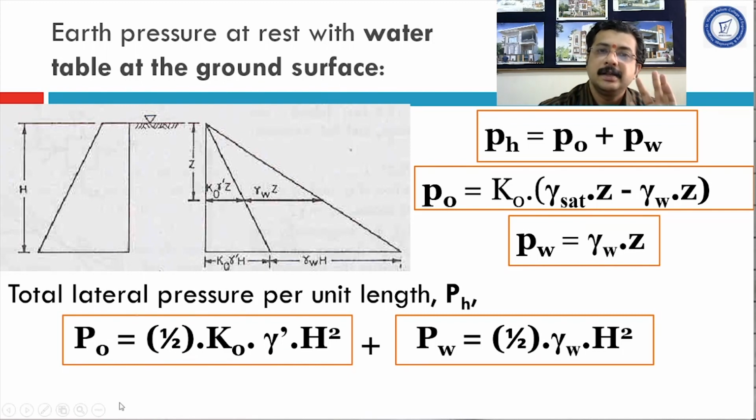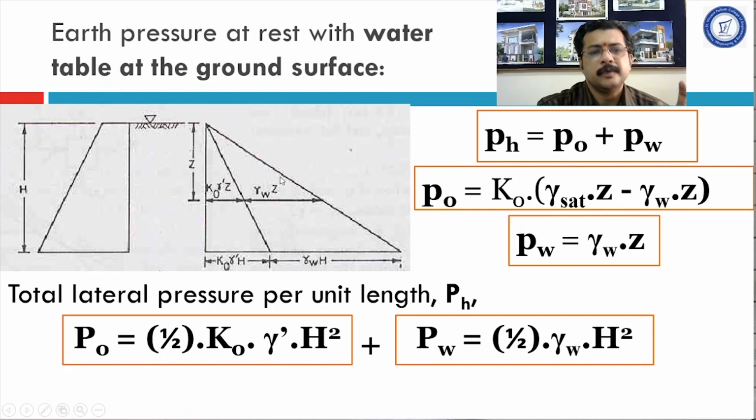Hence there is no factor or coefficient to convert this gamma W H into a lateral condition. So it is half base into height, half gamma W into H square. This total will give us the total lateral thrust or lateral pressure acting on the retaining face of the wall when the water table is at the ground surface.